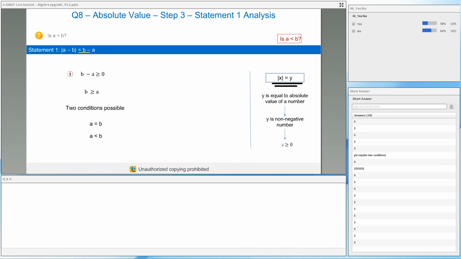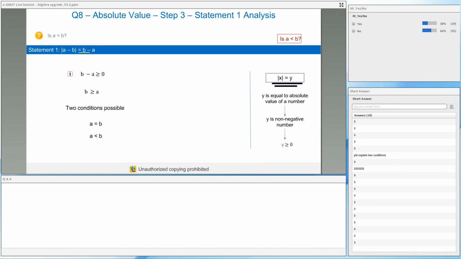So whenever you see an equation like this and you haven't been told anything, then that basically means that y will be greater than or equal to 0. Now what you're trying to do here is simply take the case where mod of a minus b is equal to b minus a or a minus b.